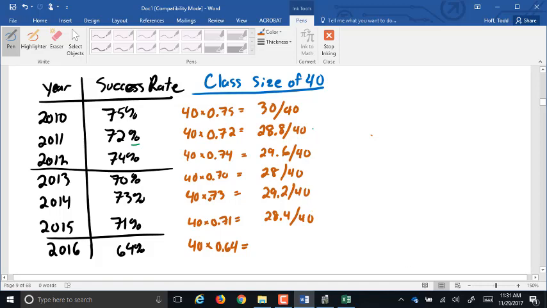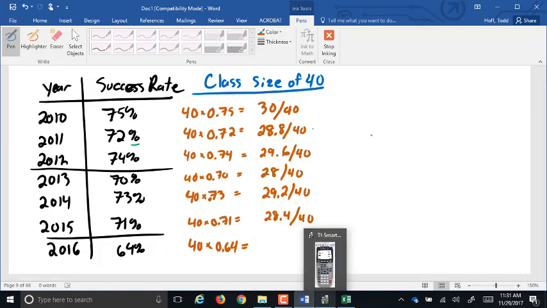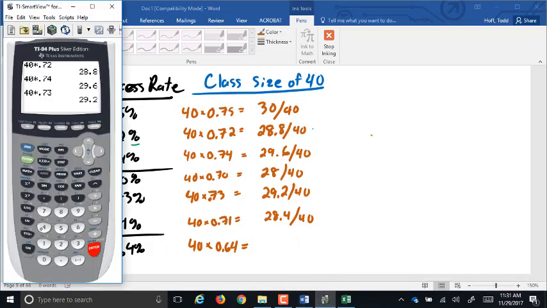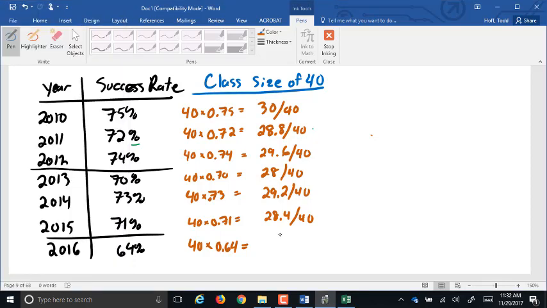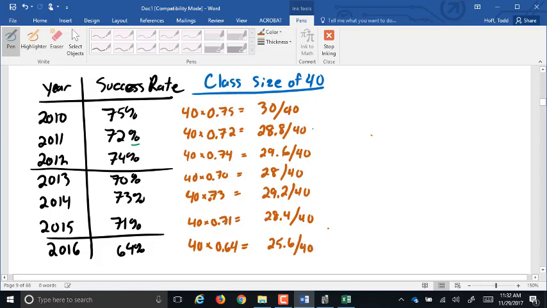Well, that certainly isn't much of a change, is it? Now, the last one, the 64%, 40 times 0.64 is going to be a little bit smaller, 25.6 out of 40. So you can see if we're only looking at 40 students or so, the changes in those percents are literally less than 1 or 2 students each.